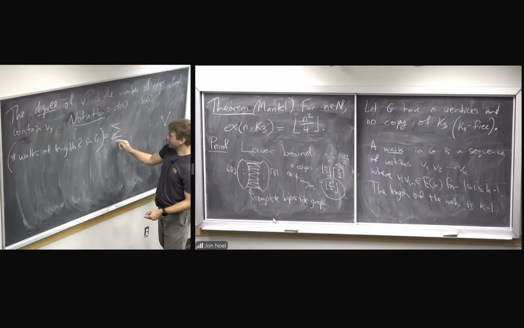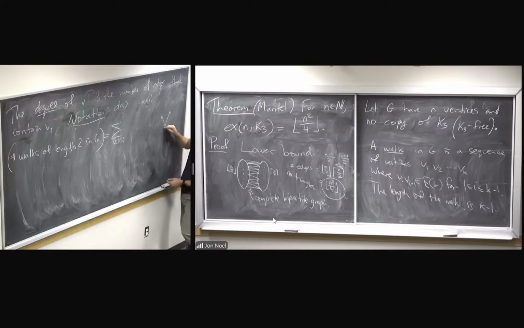So I'm going to sum over all v. I'm thinking of this vertex as being v. And how many choices are there for the previous vertex on the walk? Yeah.